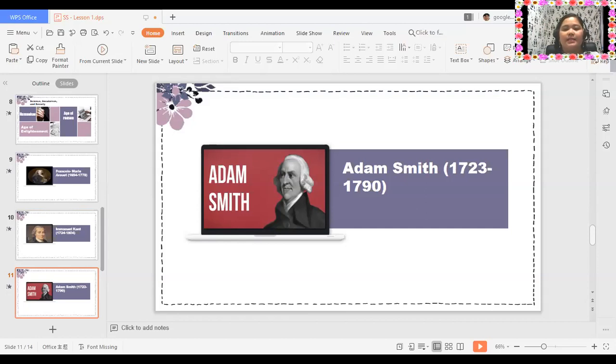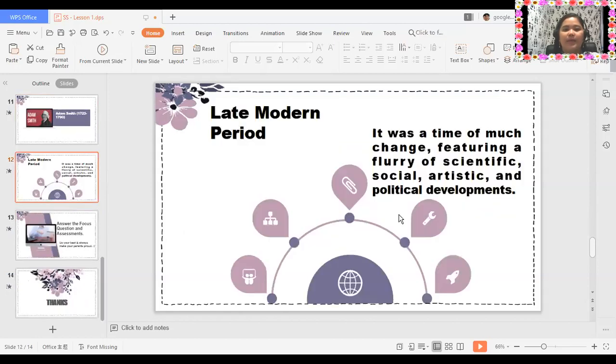So next, let's have the last topic, and that is the late modern period. In the late modern period, it was a time of much change. There were really a lot of changes, because people realized that reason and facts are needed when it comes to ideals.